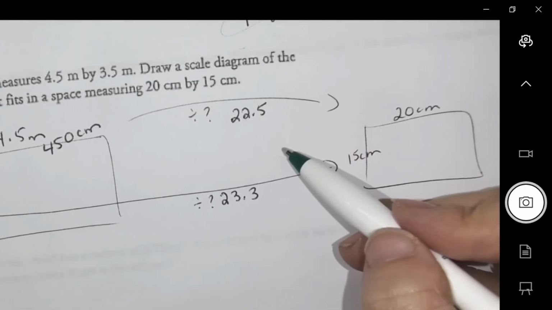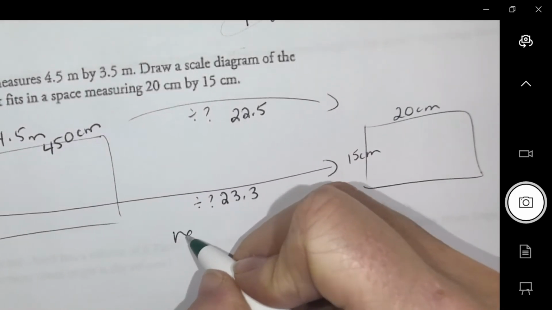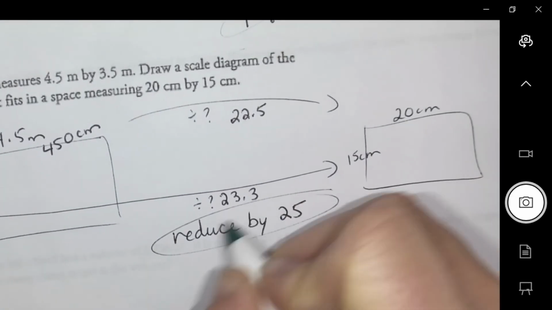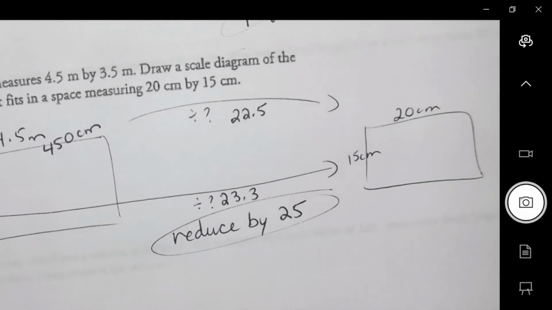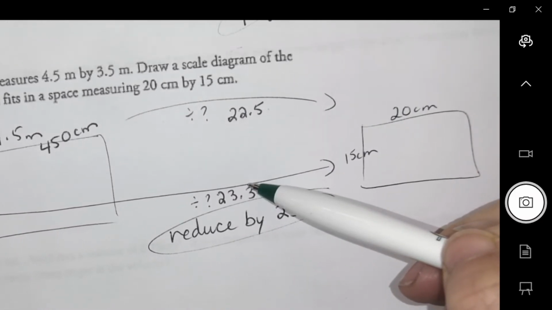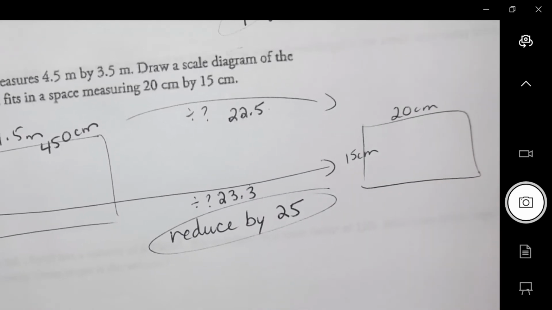So are you okay if I'm going to reduce by 25? Would that make sense? That I'm shrinking it enough to fit on that paper? Because I have to pick something bigger. I could pick 24, but I like 25 because it's just a nice number and it's close enough to that.